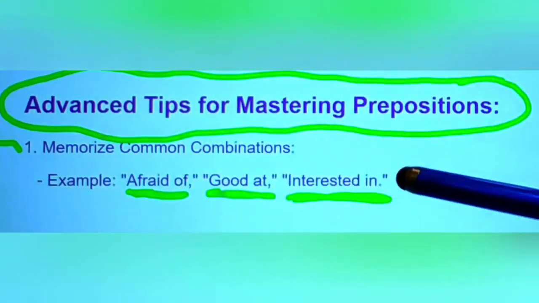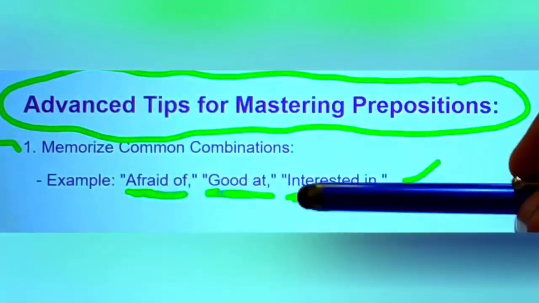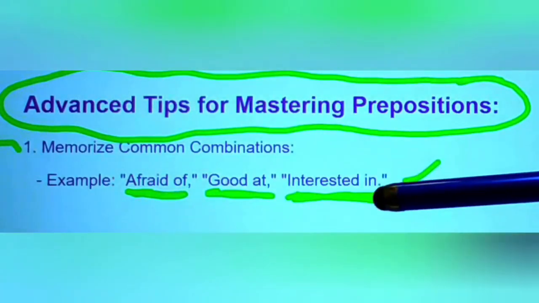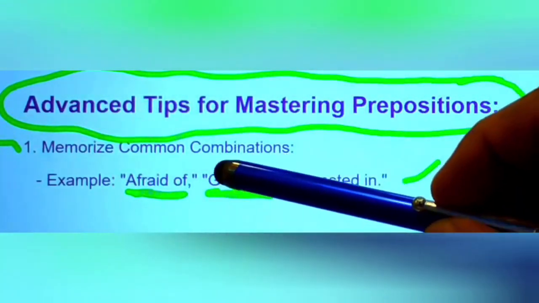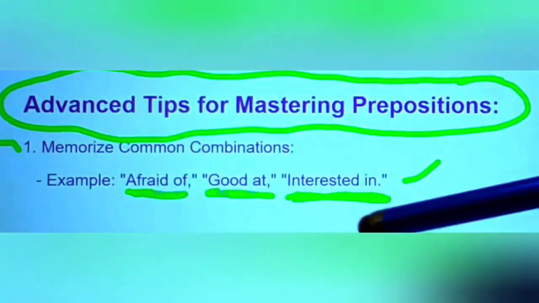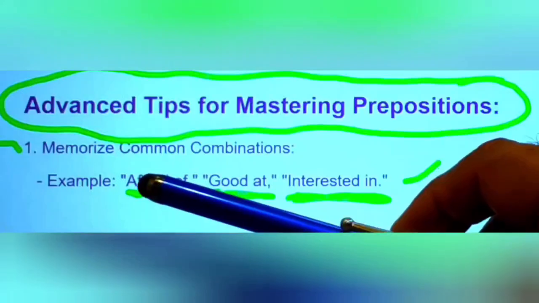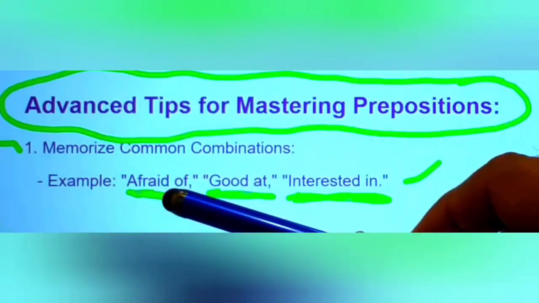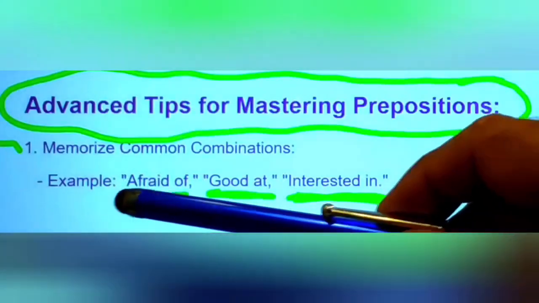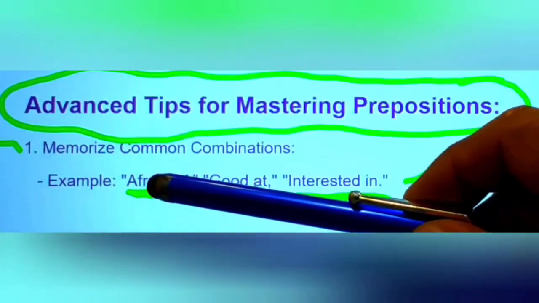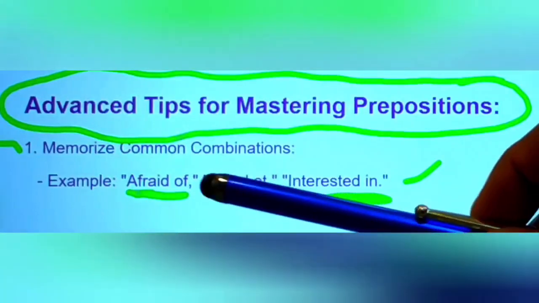For example, here we have afraid of, good at, interested in. We have to memorize these prepositions in combination with the word. If we separate afraid and of, the meaning is different. When we memorize them together, afraid of, it has its own meaning.